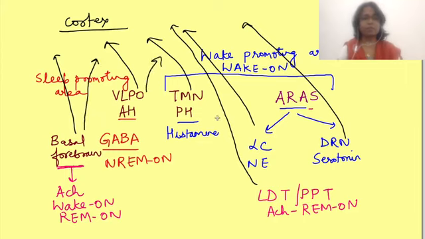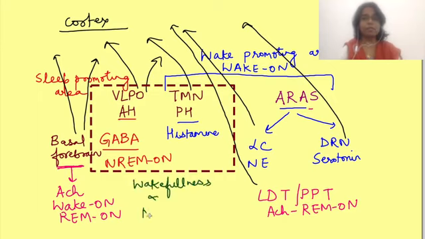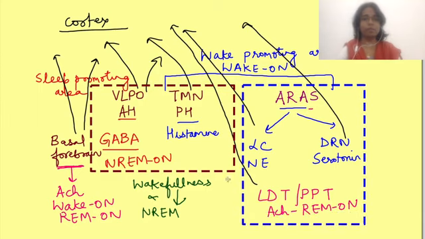Okay, before you get confused with so many nuclei and neurons, let me simplify this a little bit for you. See that the hypothalamic neurons are involved in wakefulness and NREM sleep. So there is interaction among these hypothalamic neurons to switch between wakefulness and NREM sleep, right? While these brainstem RAS neurons are involved in wakefulness and REM sleep.